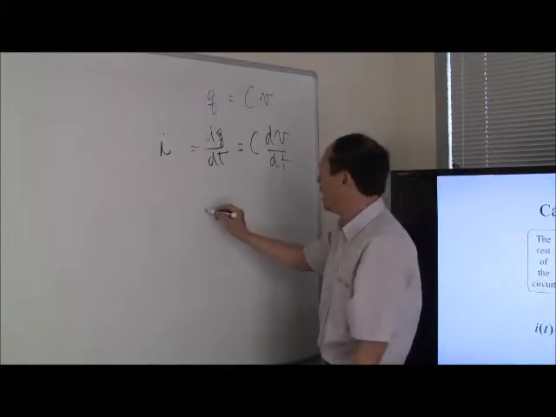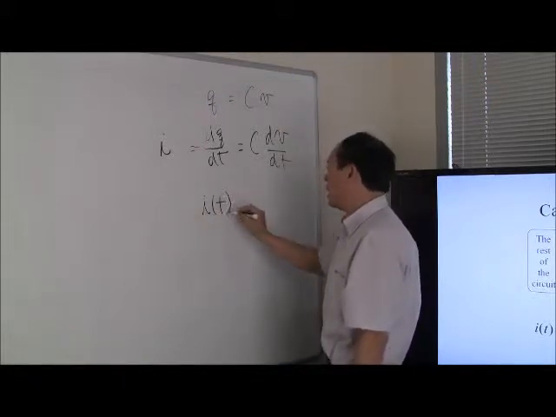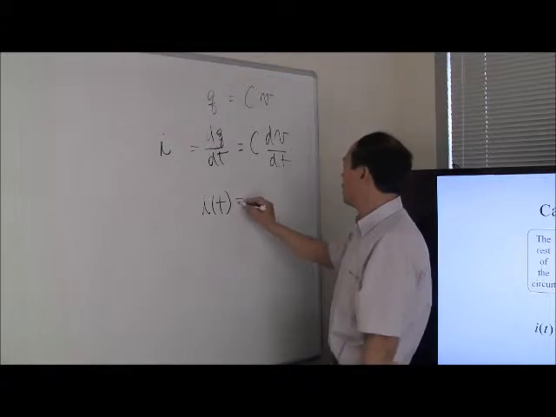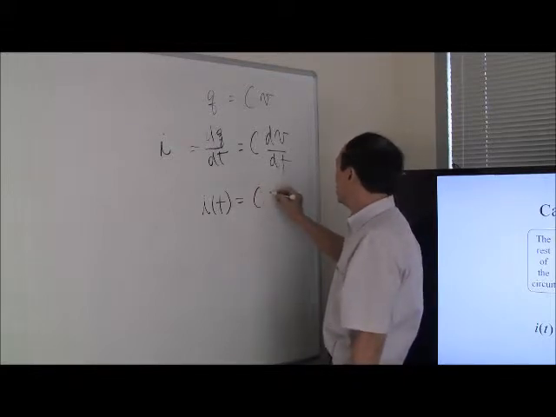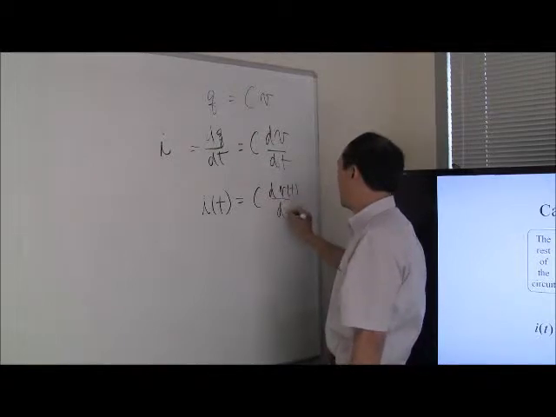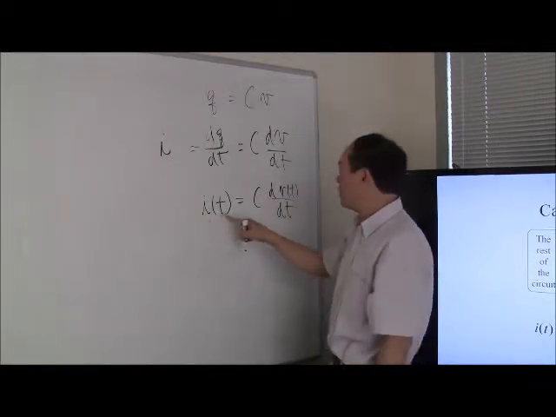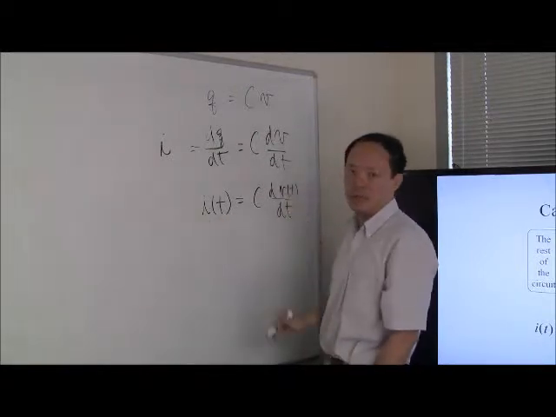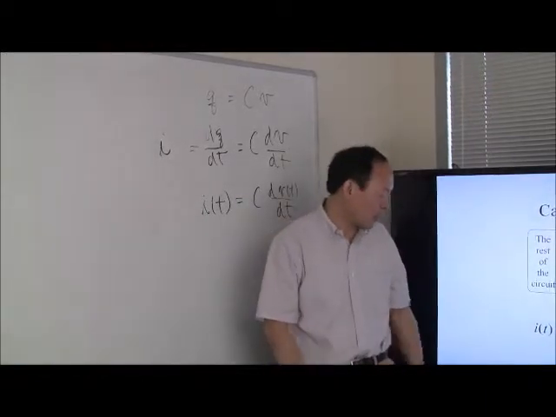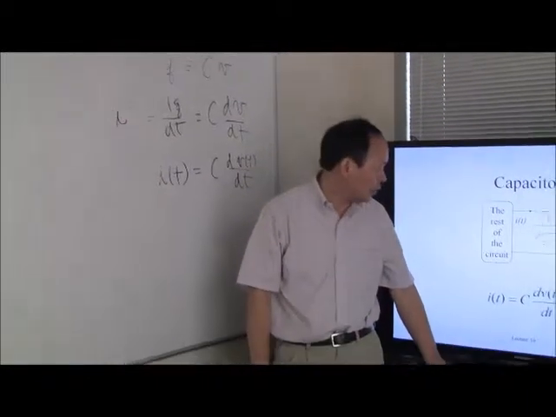So let me write down again that the current into a capacitor, changing the voltage V of t, satisfies the differential equation I of t equals C dV/dt. This is called the differential form of the equation.